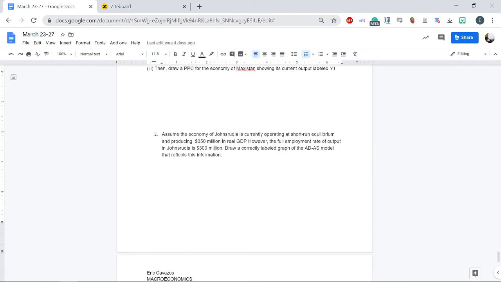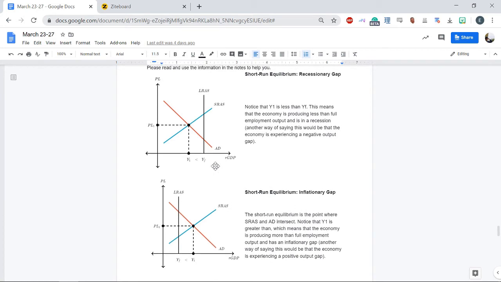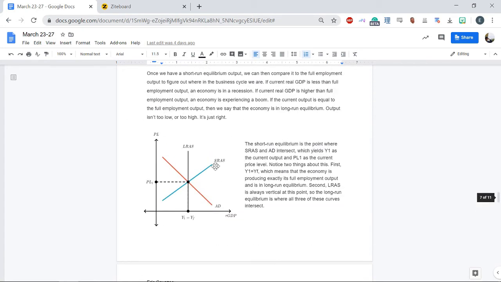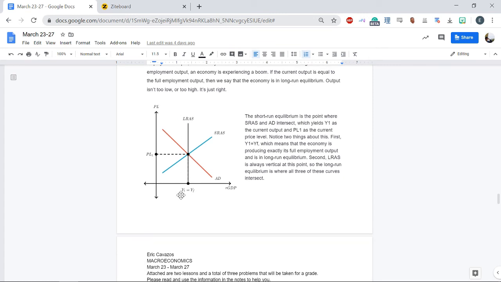And the question you have to ask yourself is, where are the short-run aggregate supply and the aggregate demand going to intersect? So if we look at some of these graphs up here, let's go to this one. Notice how in this graph, the short-run aggregate supply and the aggregate demand are intersecting right there on the long-run aggregate supply. And here this says Y1 equals YF.